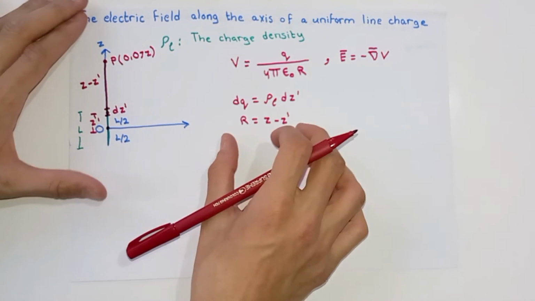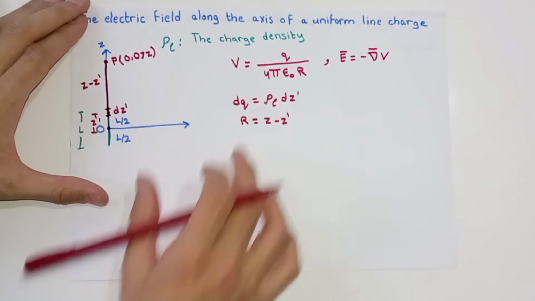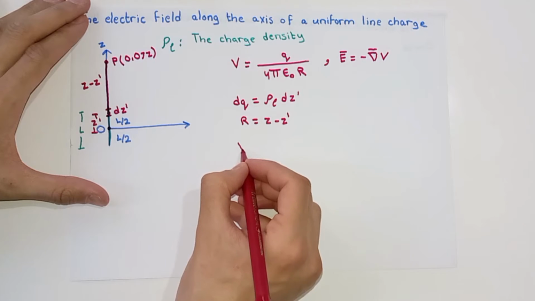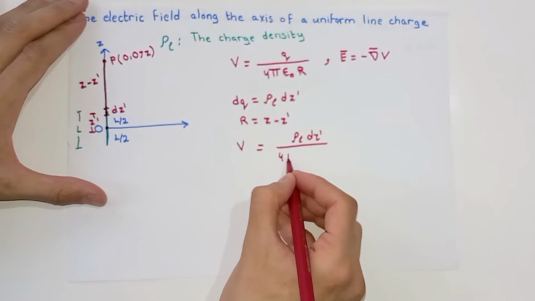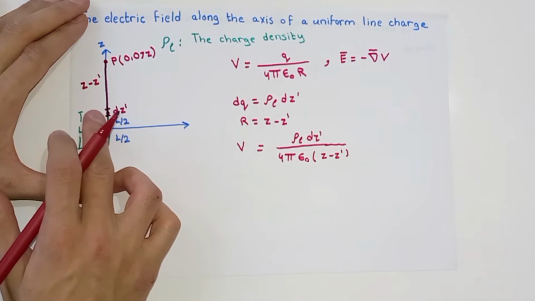Now let's plug the right-hand sides of these two equations into this equation, and we will have the potential due to this small differential line.